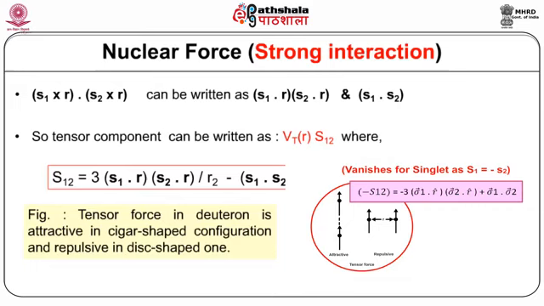In the cigar shape, the two spins are parallel but one over another, so the tensor force is attractive. But when the arrangement is like a disc, that is, when they are parallel and separated by some distance, then the tensor force is repulsive in nature.